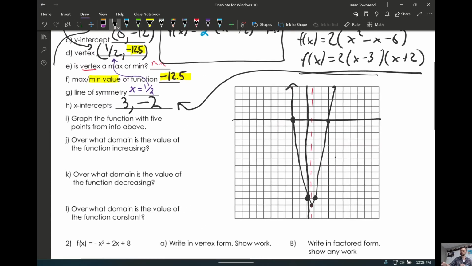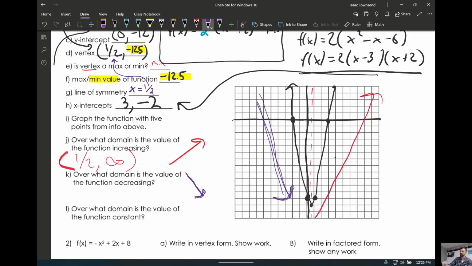And to finish, the last things we may ask you about is, when is the graph increasing? That's when is it going up? Not how far down to how far up, but when, which implies x values. It starts going up when x is a half and goes up forever to the right. Decreasing is asking you, when is the graph going down? These are big concepts in calculus, by the way. So it's going down starting at the far left until it gets to x equals a half.